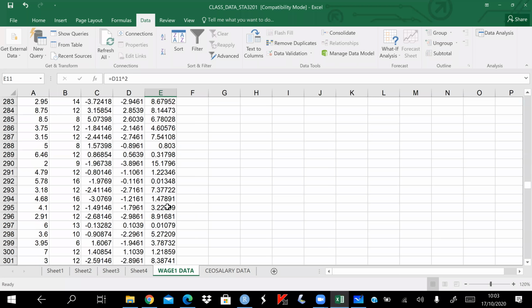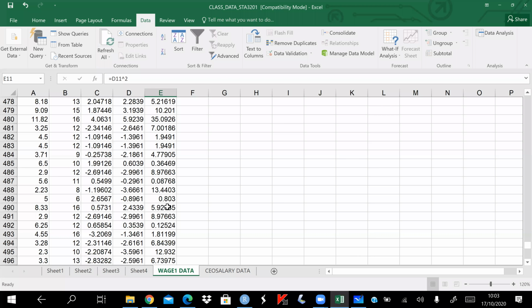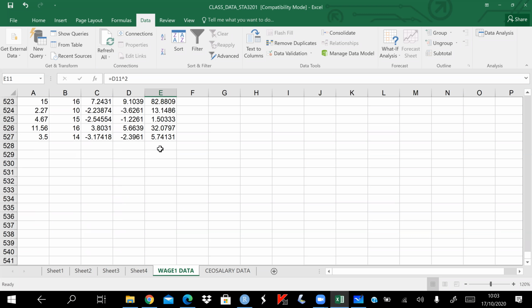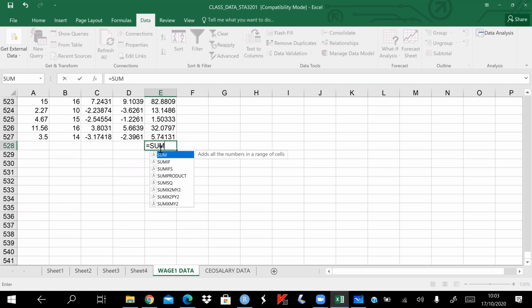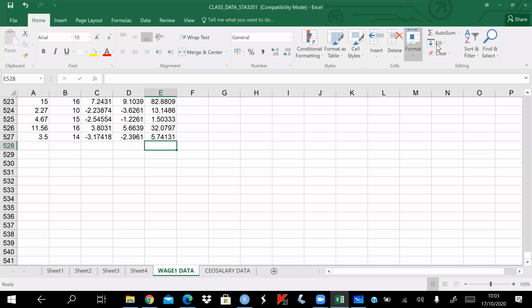If you come down here and then you sum, so if you say here sum, then I want to sum everything that is in here. I think it is easier to do this. You come here and say auto sum, yeah, like that.